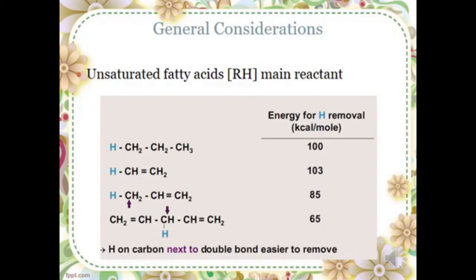When there are more double bonds present, it becomes more unstable to oxidation or heat. So the more double bonds that are present, the more susceptible it is to lipid oxidation.